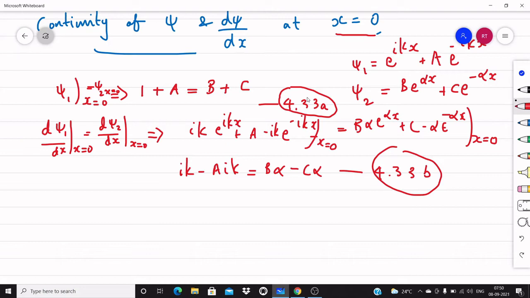Now the next task is to find continuity at x equal to a. These are the equations we get when we apply the continuity equation at x equal to 0.